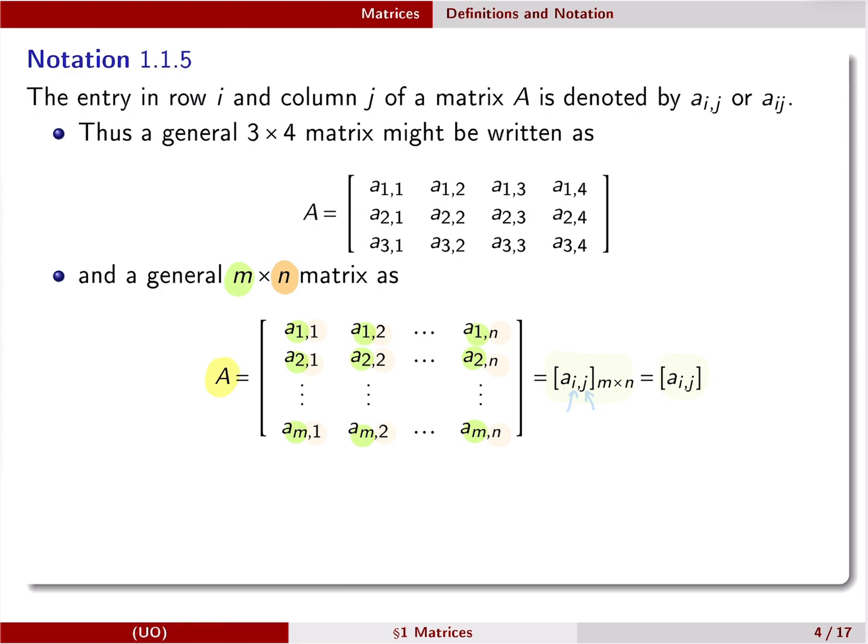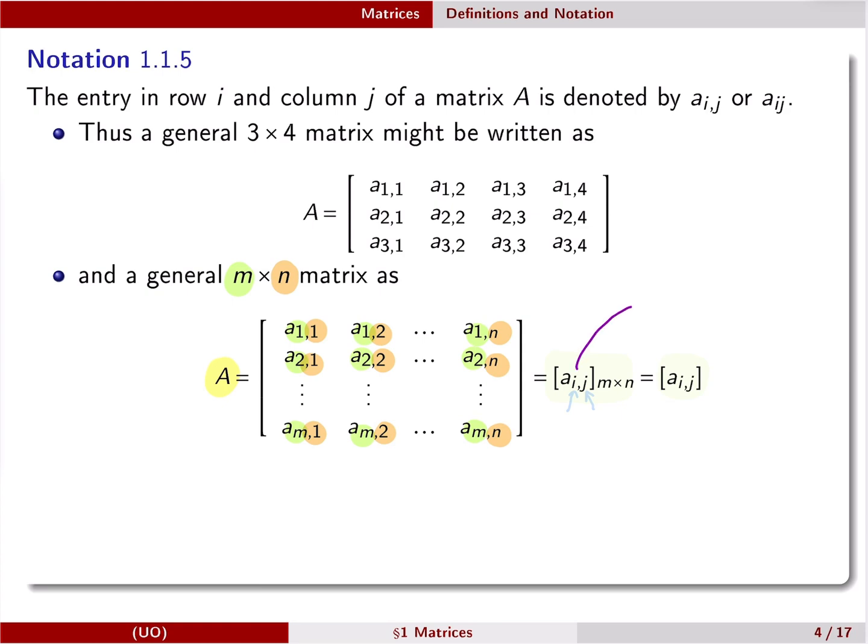And now if you're looking at the index for the column number, they go from 1 and end up at n because there are n columns in that matrix. So this is the favorite notation for a general m by n matrix.